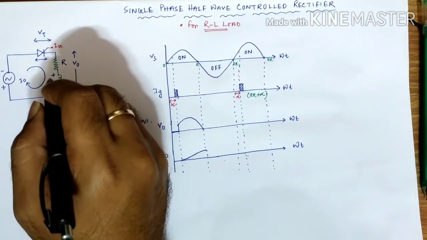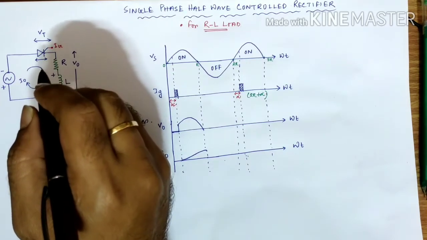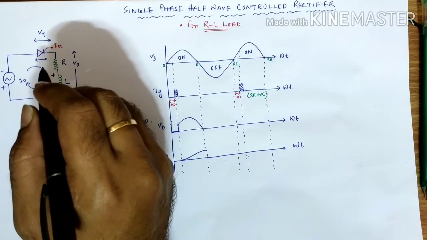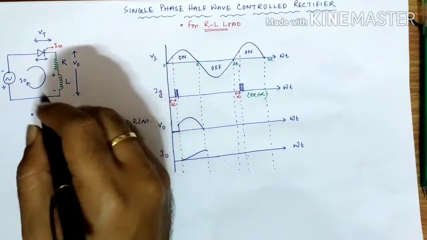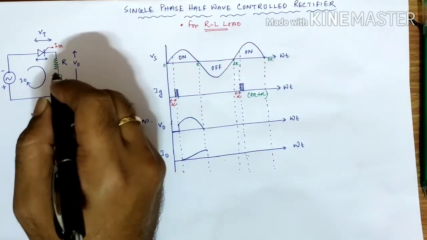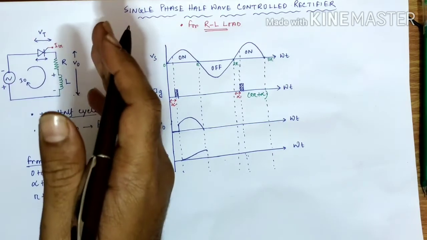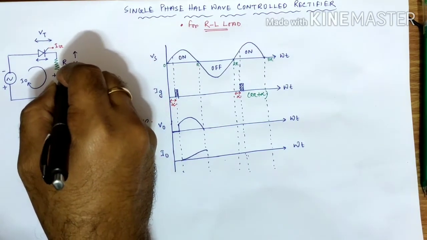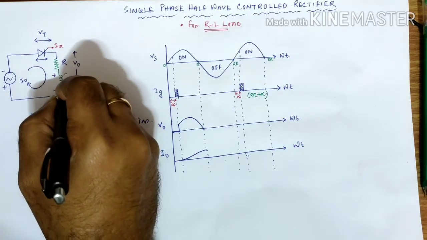The inductor will try to discharge. Now during the negative half cycle, when the inductor tries to discharge, its polarity will be like that. This is minus, this is plus.